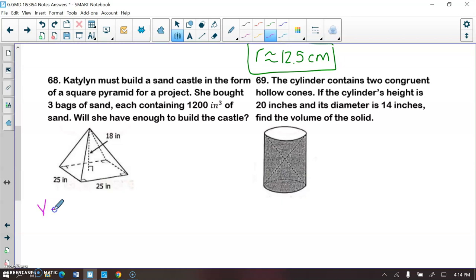So I can easily find the volume by doing 1/3 times the area of the base, which would be 25 squared, times the height, which would be 18. So 25 squared times 18 times 1/3 gives me that the volume of this pyramid is 3,750 inches cubed.